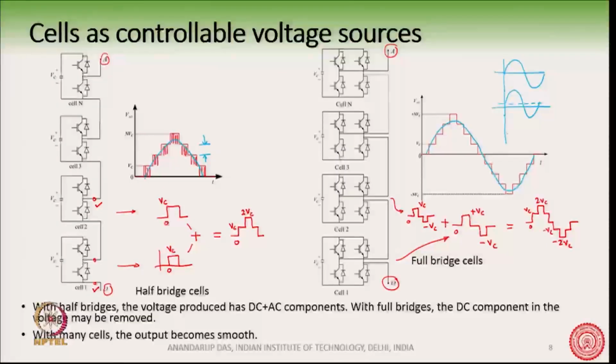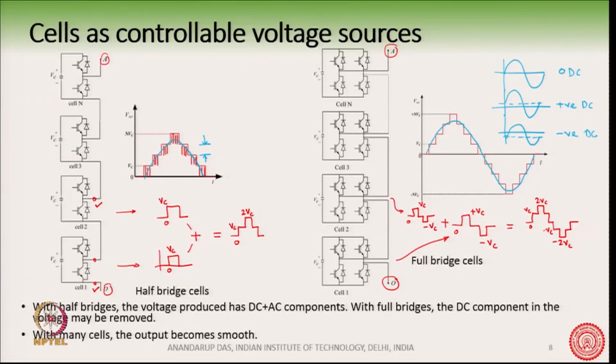So, it can also produce a voltage like this, depending on the rating of the arm. So, this is a 0 DC, this is a positive DC, and this is a negative DC.